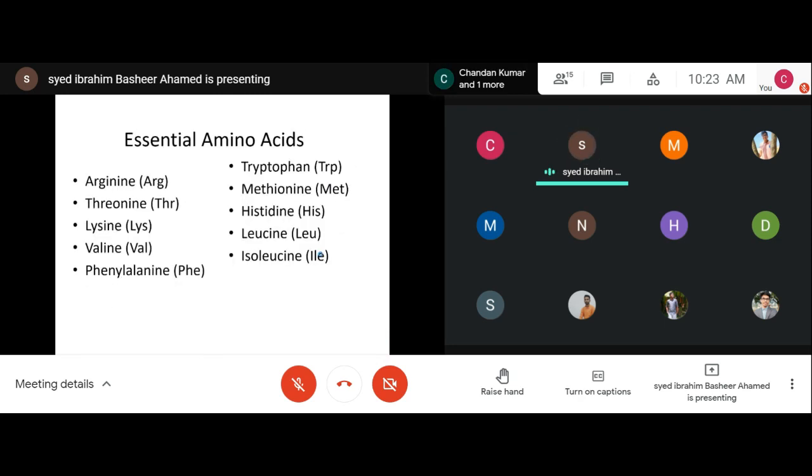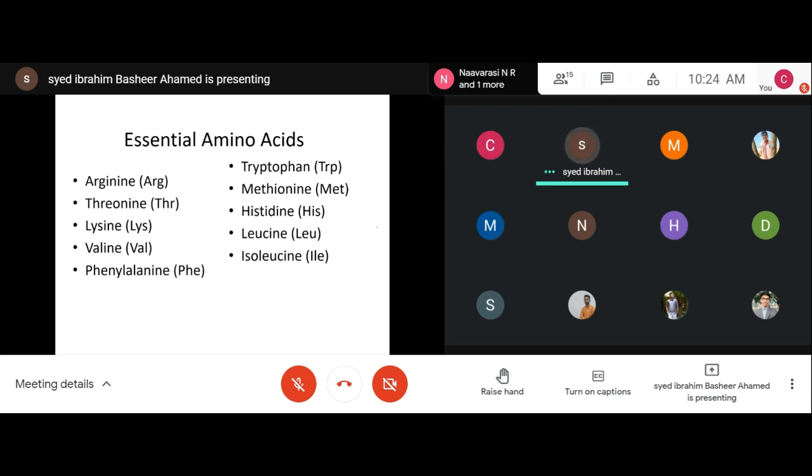These are some essential amino acids. In your food you have to be careful to take the essential amino acids, otherwise some nutrition problem will come. You can find all these essential amino acids mostly in non-vegetarian food.